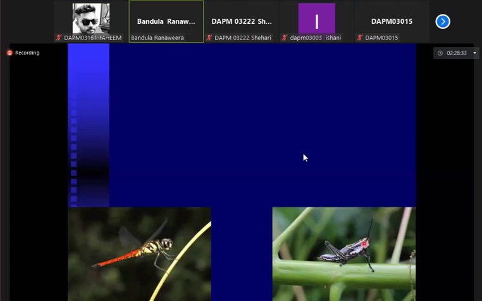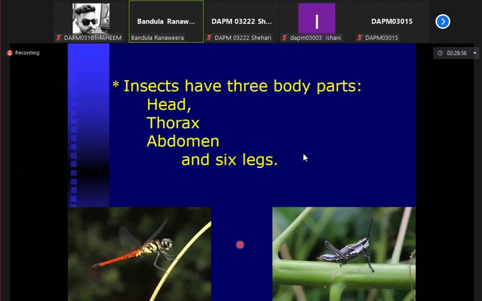Here it is a little bit difficult to separate, but head, thorax, abdomen, and they have 3 pairs of legs. That means a total of 6 legs. They are jointed parts. Yes, the legs are jointed, the body is segmented.